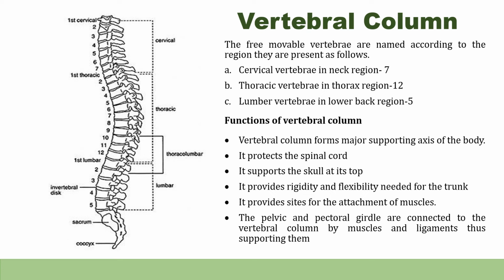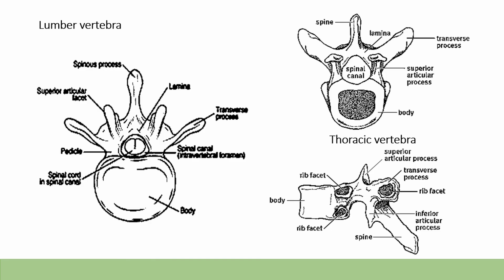Functions: the vertebral column forms the major supporting axis of the body. It protects the spinal cord, supports the skull at the top, provides rigidity and flexibility, and provides attachment sites for the muscles. Now let us see other vertebrae that are very important with respect to the vertebral column.